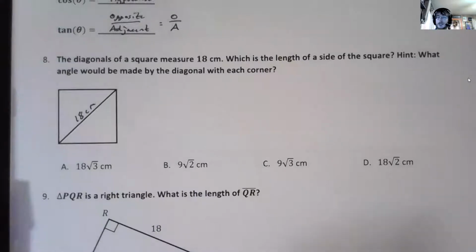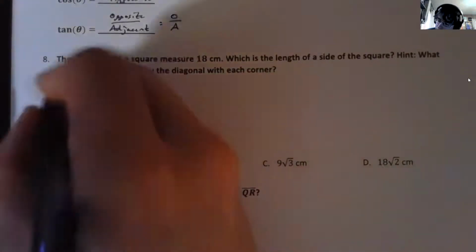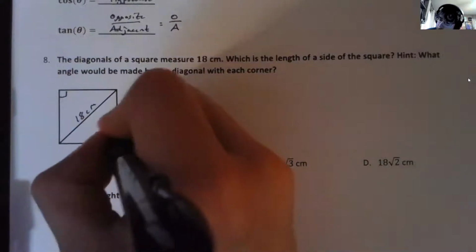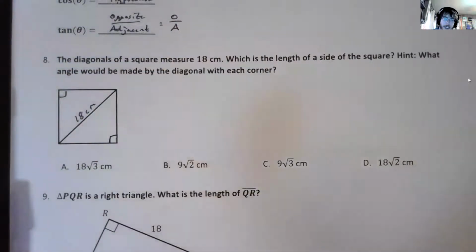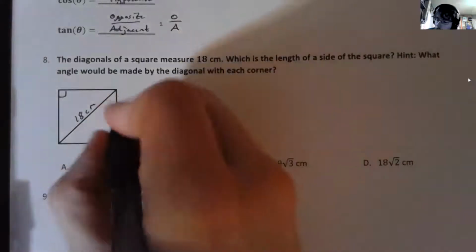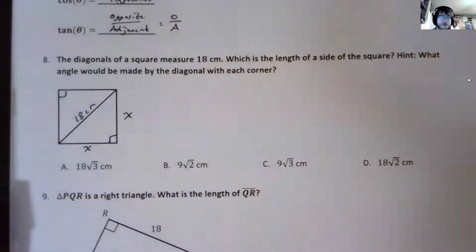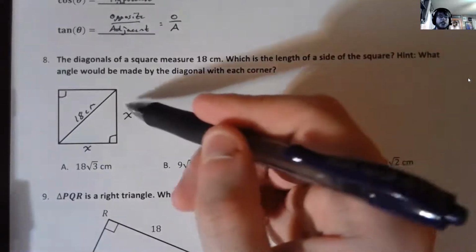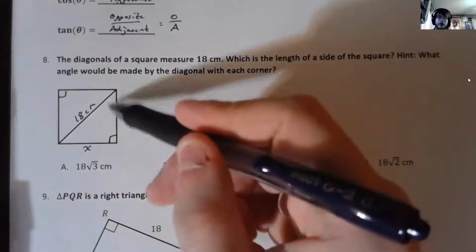Now, since this shape is a square, we know that the side lengths are all the same. So I know I have right angles because that's another thing with a square, right? It has 4 right angles. And all of the sides are the same. Now, what type of triangle do we know of that has legs that are the same length?